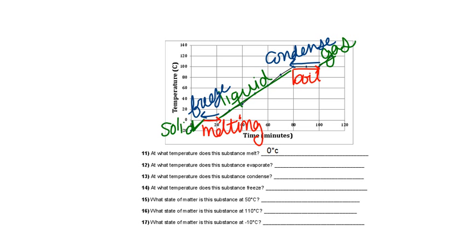At what temperature does the substance evaporate? So we're going to go to see where the substance is transitioning from a liquid to a gas. That's boiling, evaporation, or vaporization. This plateau happens at the temperature of 100 degrees Celsius. So this is 100 degrees Celsius.